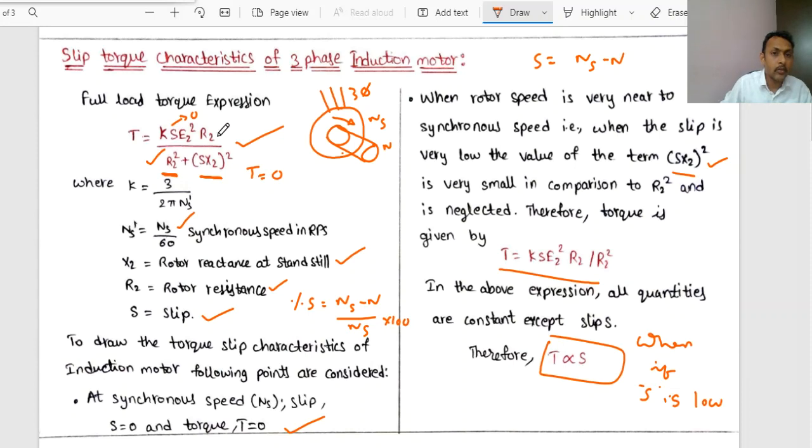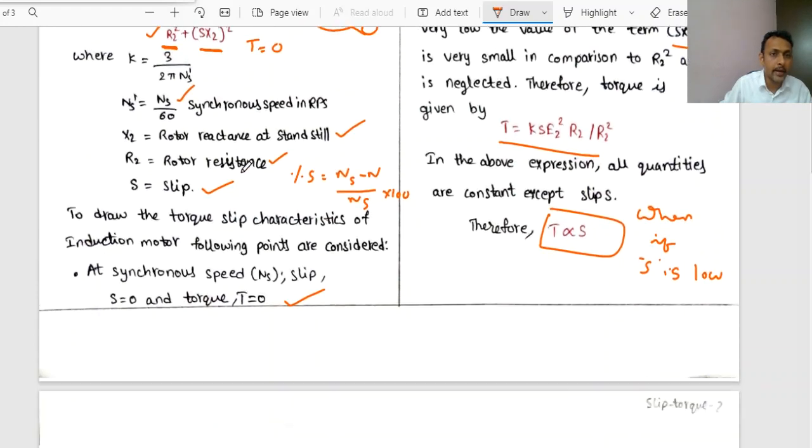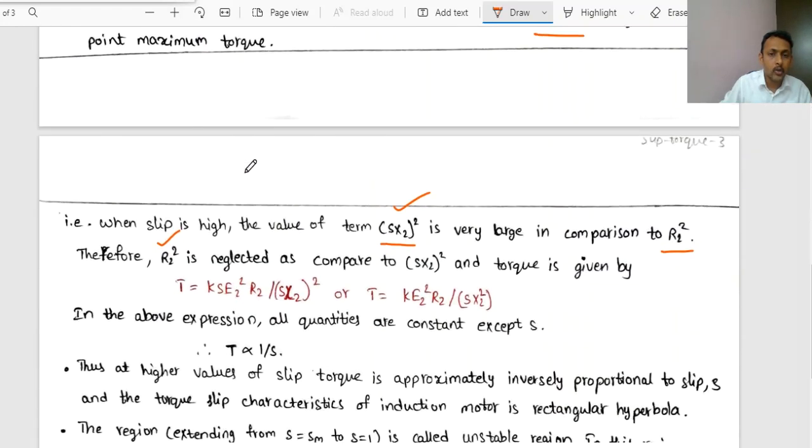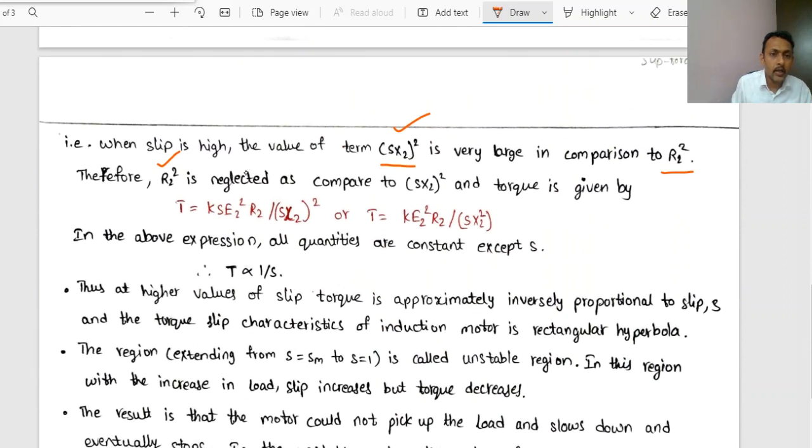So in the equation torque T equals K s E2 square R2 by R2 square plus (sX2) whole square, we can neglect R2 square. So torque T equals K s E2 square R2 by (sX2) whole square. One term will get cancelled out, and we get torque equals K E2 square R2 by s X2 square.